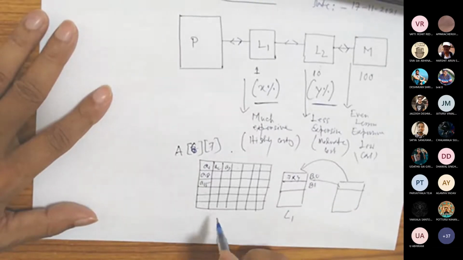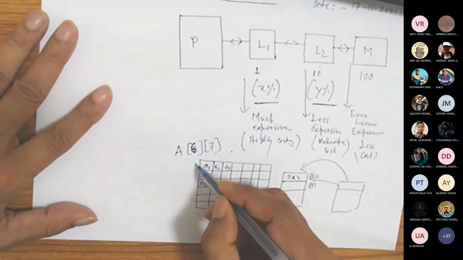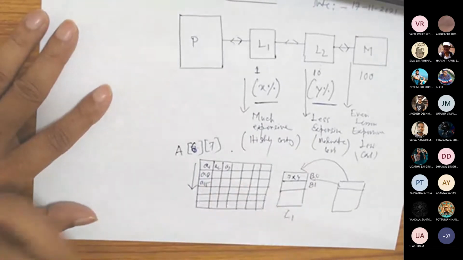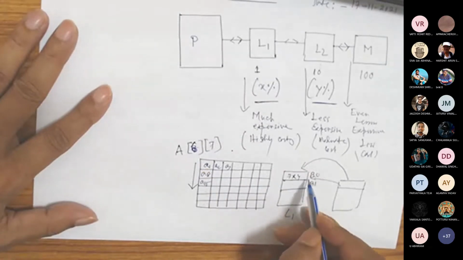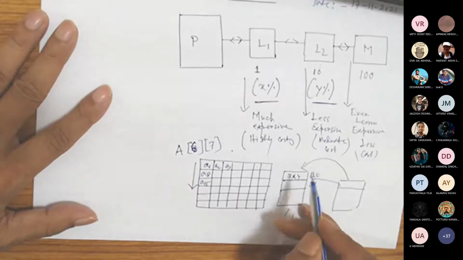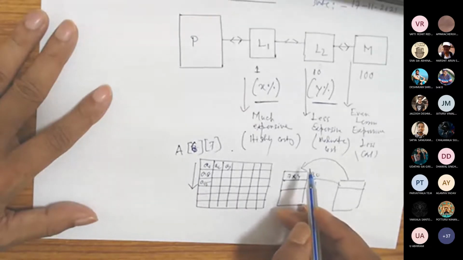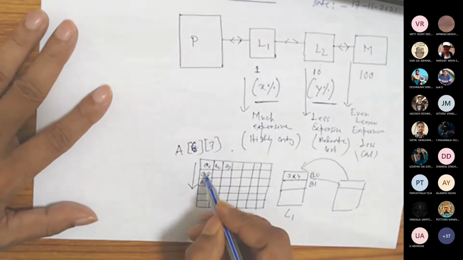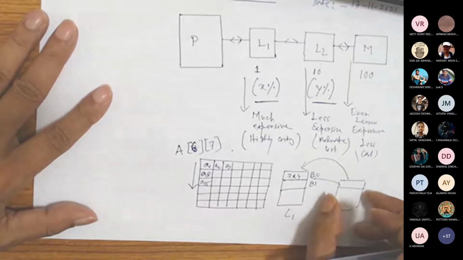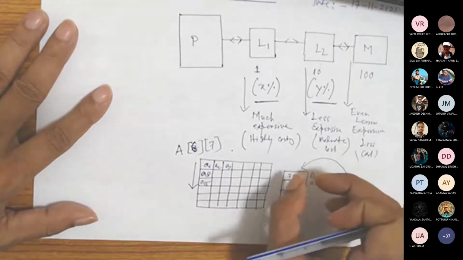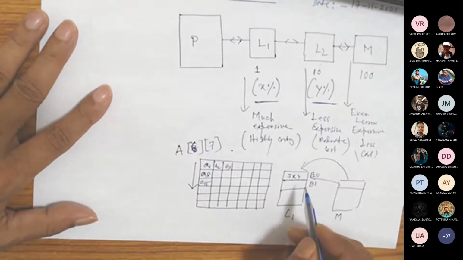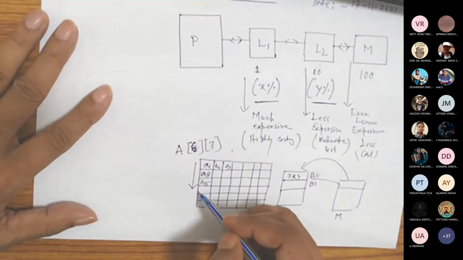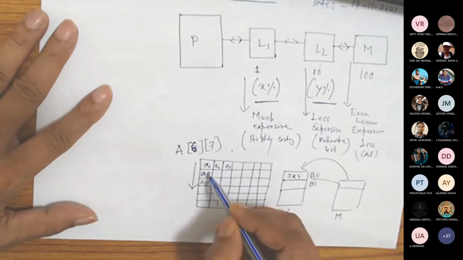Now if your access pattern in your program is like this, what will happen? You brought the first row and put it into block 0 of L1 cache, assuming that it will exploit the temporal locality. But your next access as per the program is A8. So even if you brought the whole block here from memory to the cache, because of your access pattern, you'll again get a miss for A8.